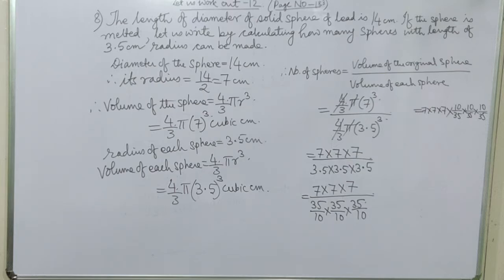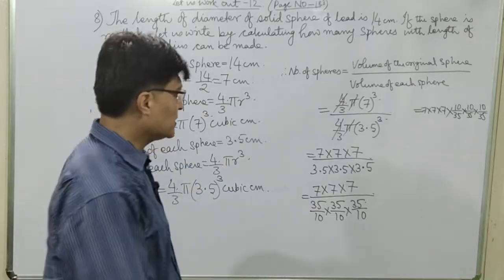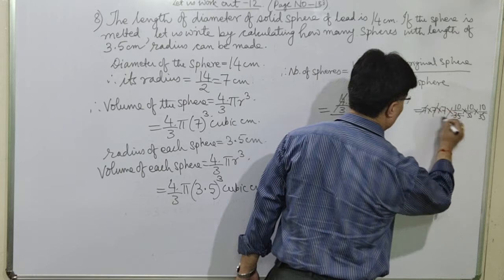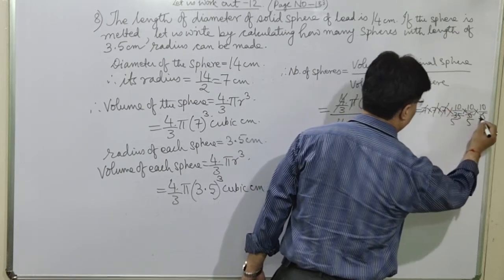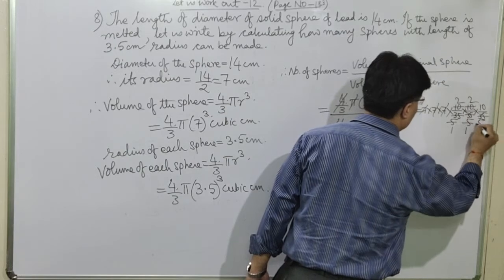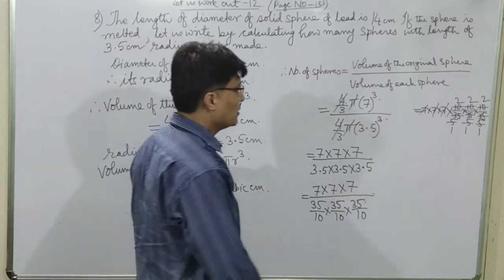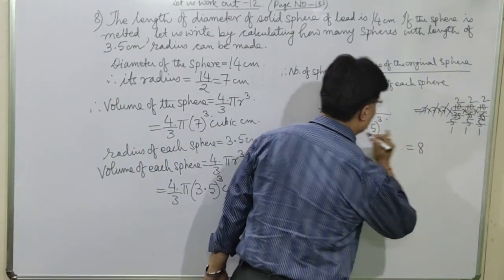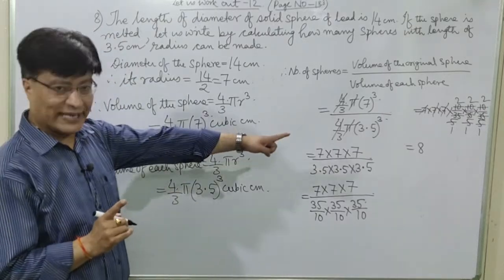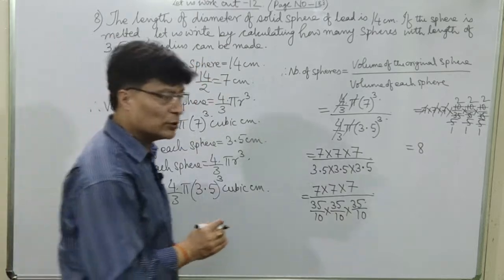So now in the next step you can cancel that 35 by 7, right? 7 1s are 7, 7 5s are 35, 5 2s are 10, 5 2s are 10, this is also 5 2s are 10. So this is just simplified. So 2 2s are 4, 4 2s are what? 8. So the number of spheres that can be made is equal to 8. So what is the answer? Number of spheres that can be made is equal to 8.